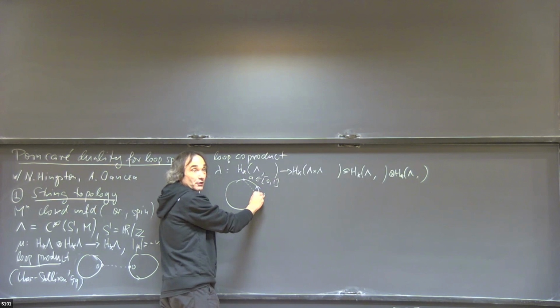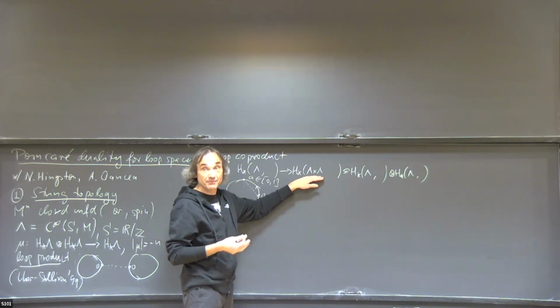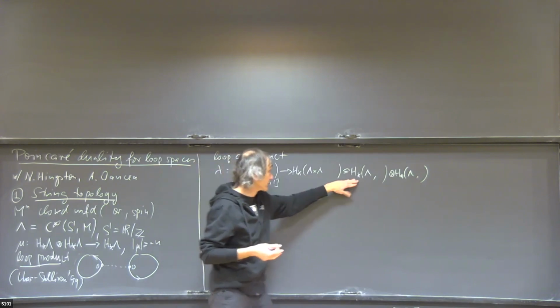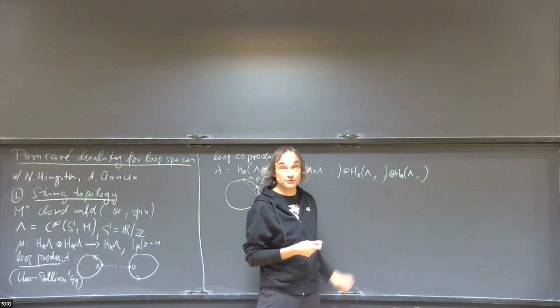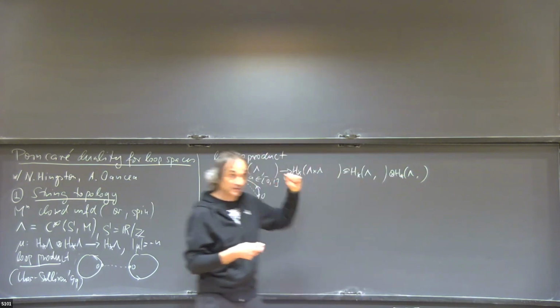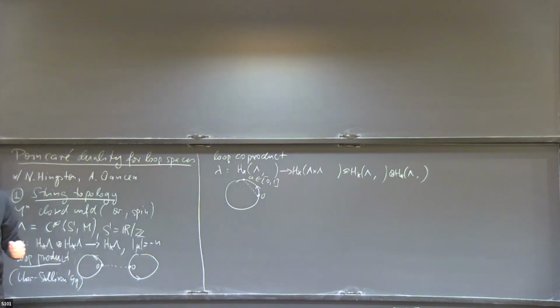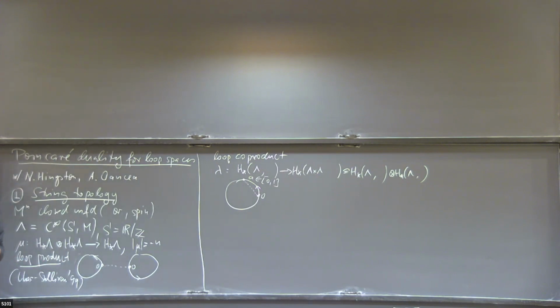That gives me now a family of loops in lambda times lambda, and then we apply the Künneth formula to view it as an element once we pass to homology, to view it as an element in the tensor product of homologies. Yeah. So I probably want to use field coefficients here to have a Künneth formula at our disposal. Yeah, I will not be very precise about the coefficients we're using.